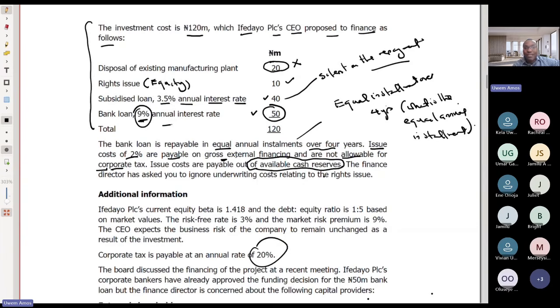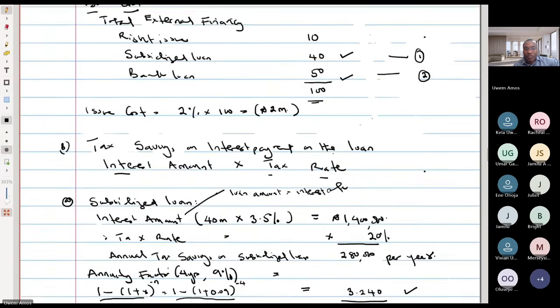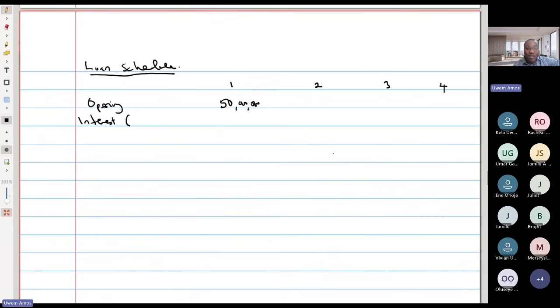So what's our 9% of 50 million? 50 million multiplied by 9%, 4.5 million is what we are due to pay as interest.